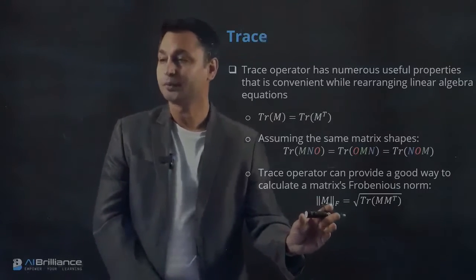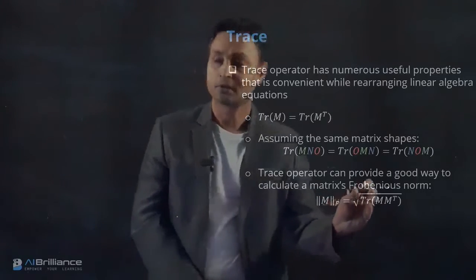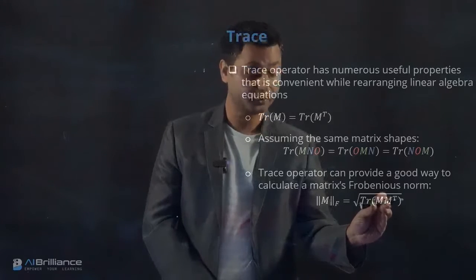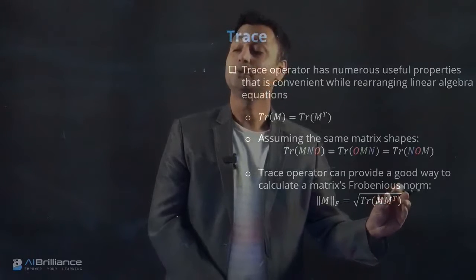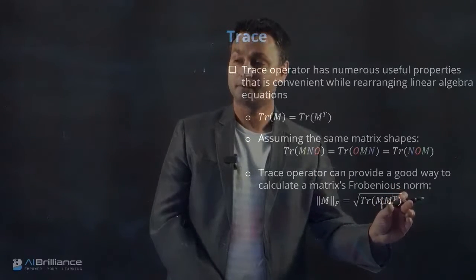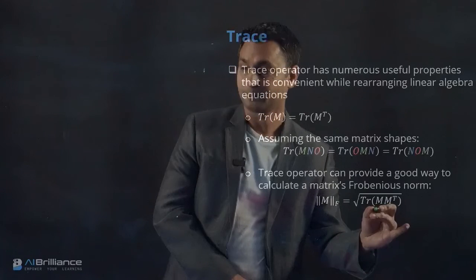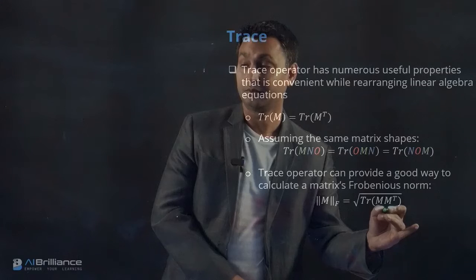Now, if you want to compute the Frobenius norm of a given matrix, the first thing you need to do is take that matrix M. Let's say you want to compute the Frobenius norm of M. You take the matrix M, then take the transpose of that matrix and multiply them together. So we are taking M, transposing M, which gives me M transpose, and then multiplying them together.